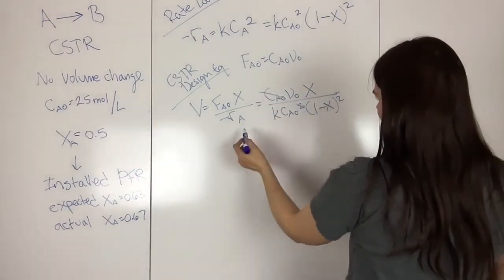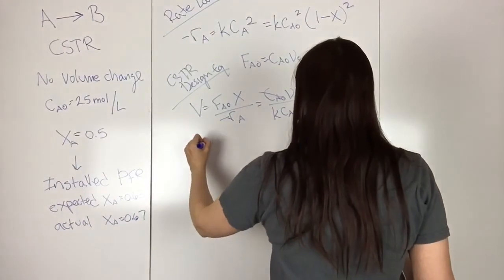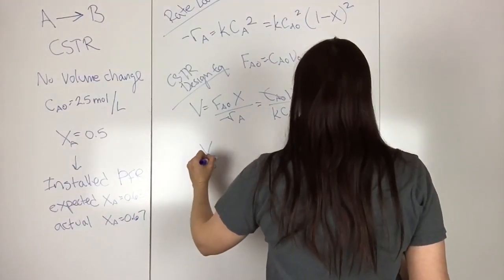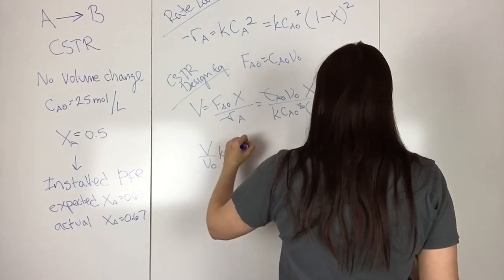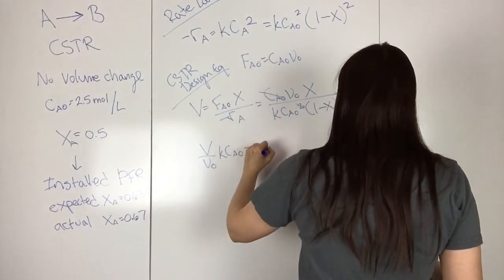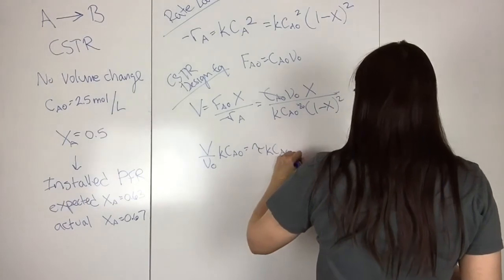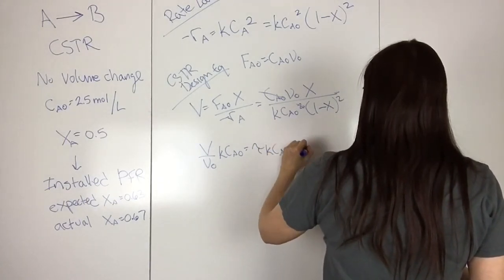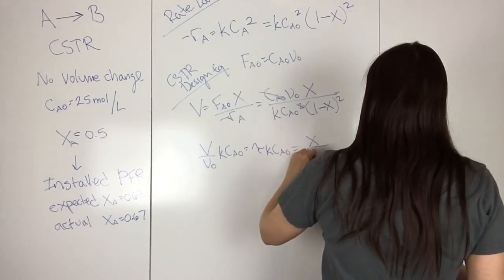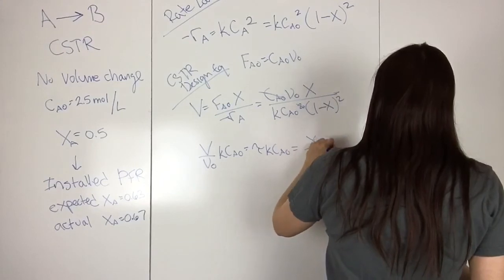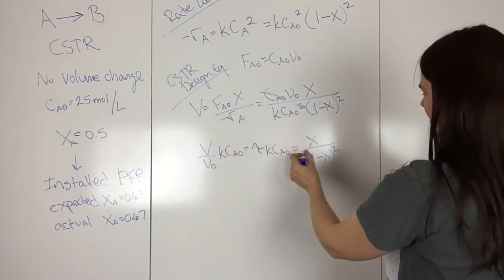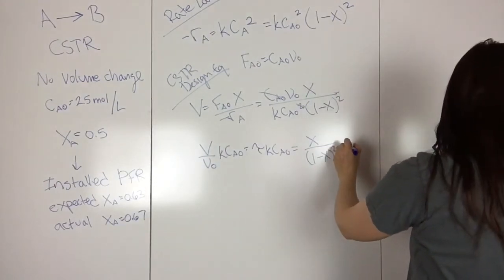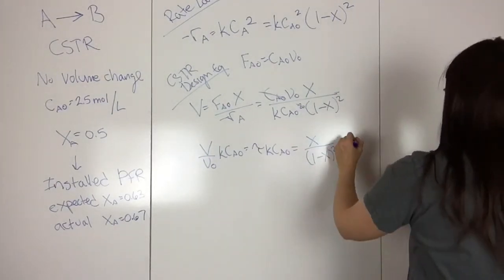Then we can rearrange this to get V over V naught times K CA naught, which is tau K CA naught, equal to x over 1 minus x squared. If we plug in the 0.5 for x again, this ends up being equal to 2.